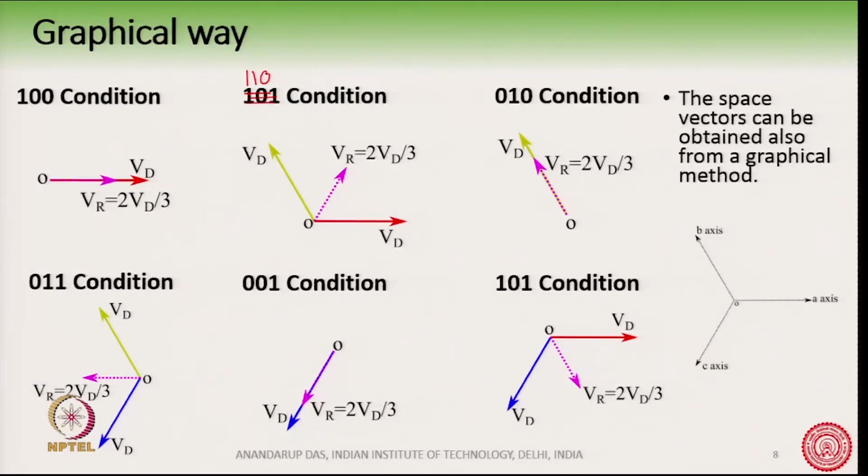When you have a 1 1 0 combination, then you will have 1 here and B phase also 1 here, and the resultant is here, 2/3 Vd. Similarly, you can take up other combinations like 0 1 1. Then A phase does not contribute any vector, while B phase has 1 and C phase has 1, and the resultant is 2/3 Vd along this.